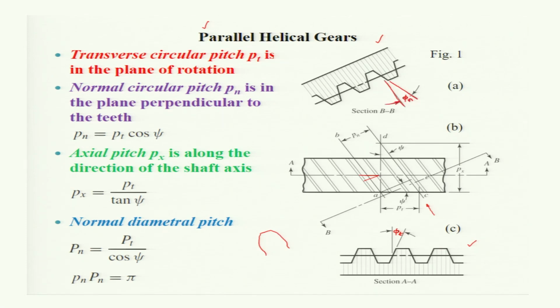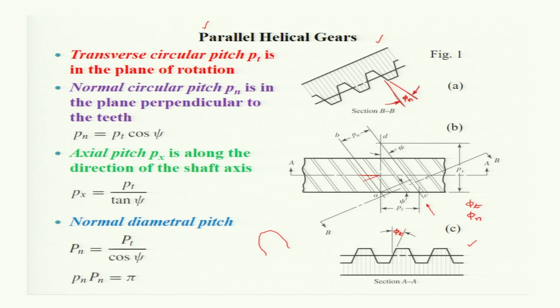This is your phi n. This is your phi t. So in the case of helical gear, now we have two pressure angles, phi t along the tangential direction and phi n along the normal direction.